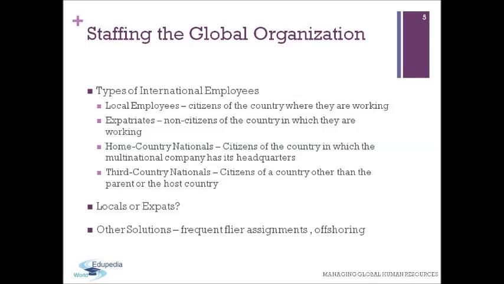So, expatriates still represent a minority of multinational managers, and locals fill most positions. Now, there are many reasons employers rely more on locals. Many people don't want to work in a foreign country, and the cost of using expatriates is usually far greater than the cost of using local workers.